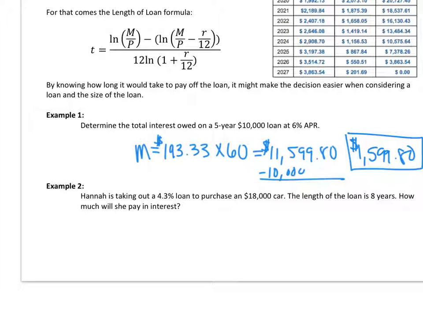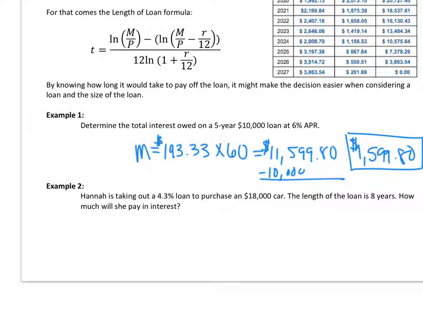So I'm going to let you try this one on your own all the way through. Again, use the monthly payment calculator to plug in the values. That'll tell you how much she's paying per month. And then you're going to stretch that over 8 years to see how much interest she actually pays. So go ahead and pause the video, try to work this out on your own, and check back for the answer.